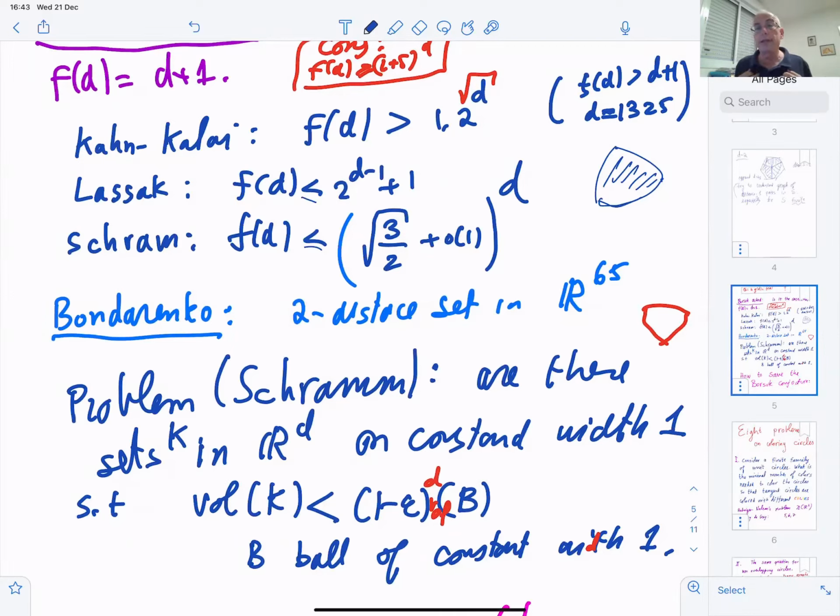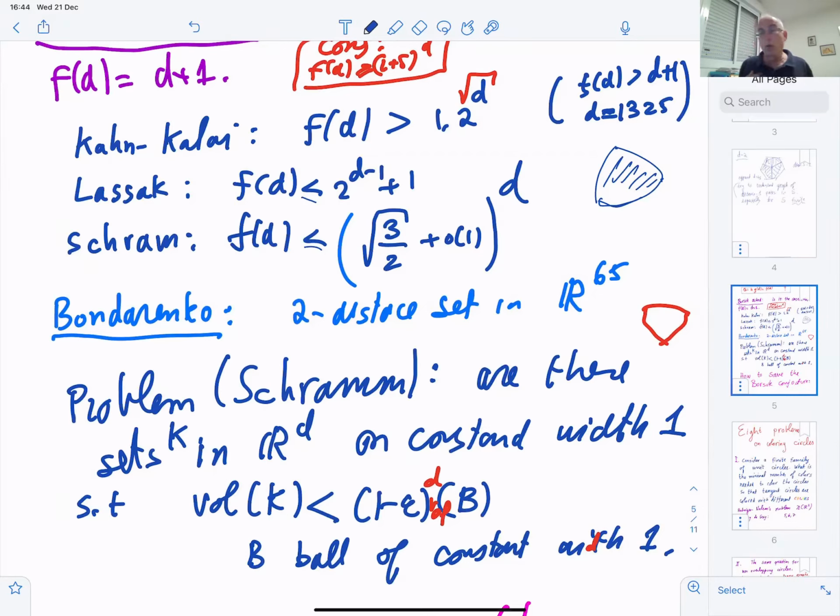So what is the truth? I think it's reasonable to guess that the truth is exponential in d. Maybe there is some construction based on error correcting codes, maybe algebraic error correcting codes. There were all sorts of ideas, but all of them failed. So this is completely open.